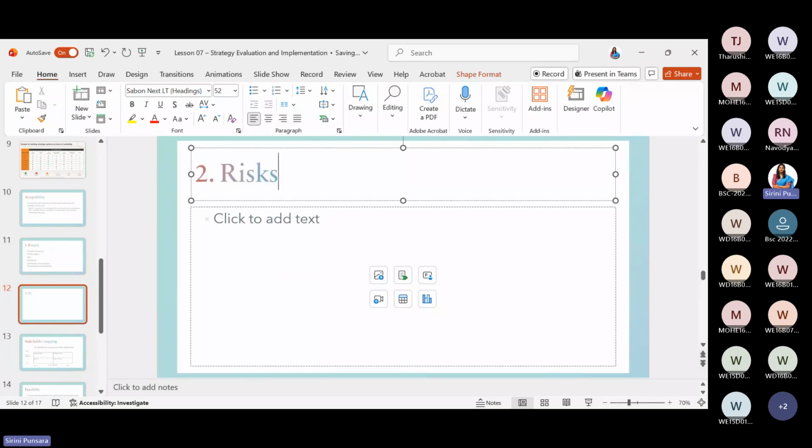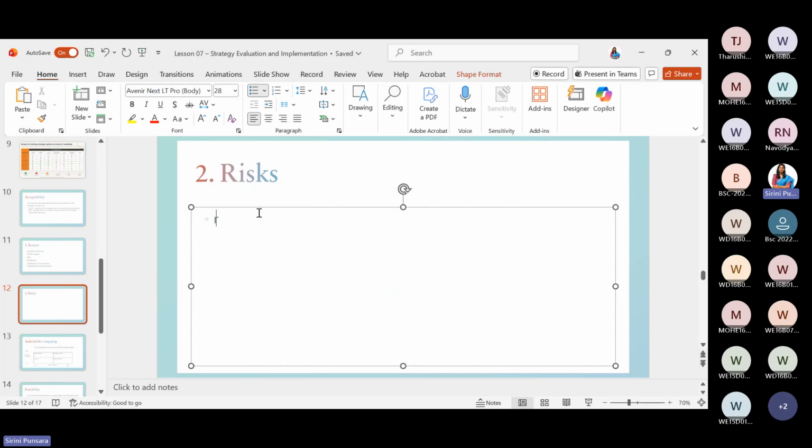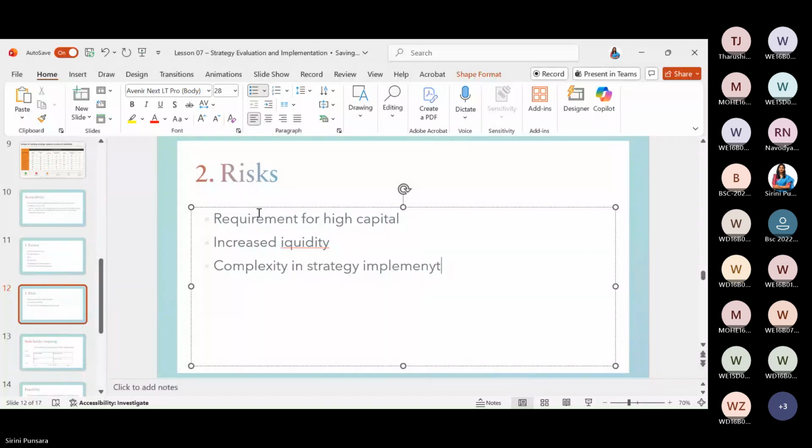Possible risk of each strategy in terms of requirement, high capital. So these are some examples for risk.